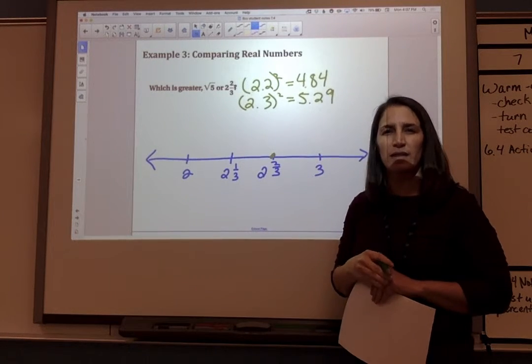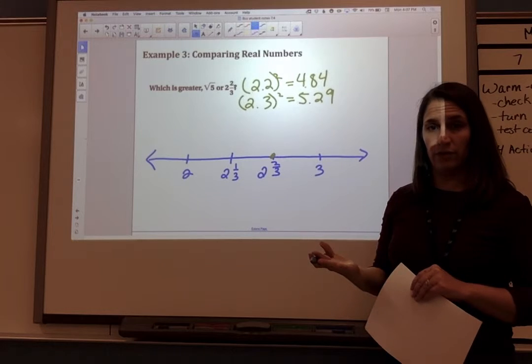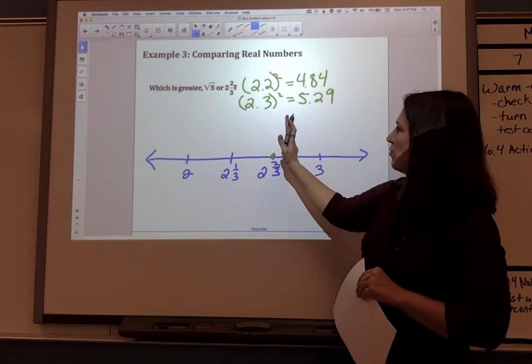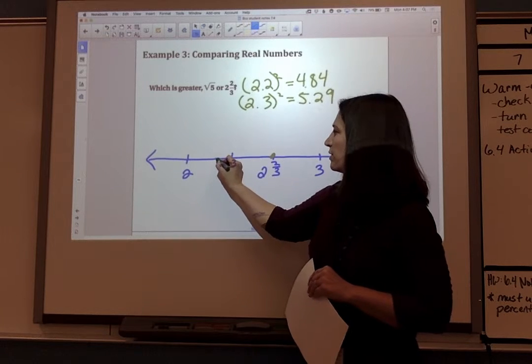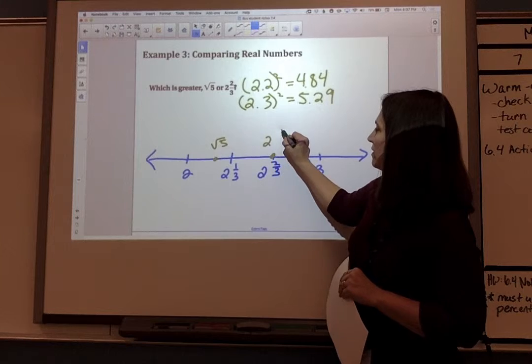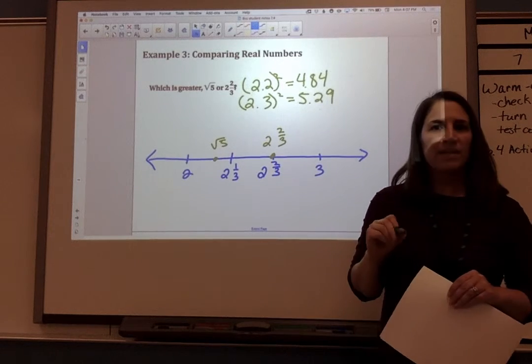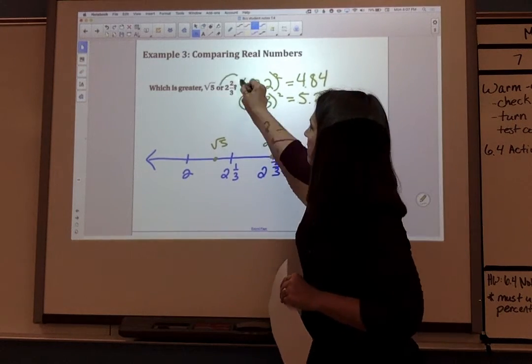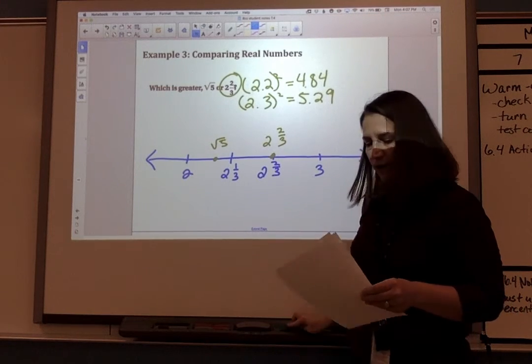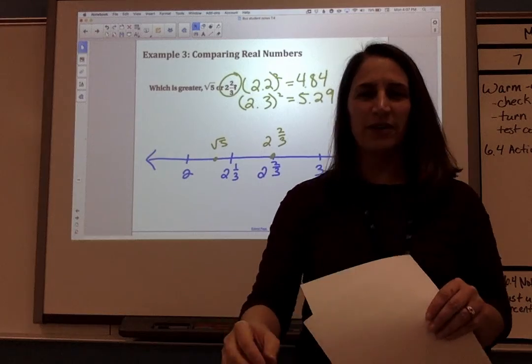So 2.3 is a little bit too big for the square root of 5. So if we're looking at our number line, we're saying it's somewhere between 2.2 and 2.3, somewhere right about there. Square root of 5, and this is 2 2/3. So which one is bigger? Definitely the 2 2/3, and we can use estimation to find that. All right, so go ahead and try a few on your own. I'll see you soon.